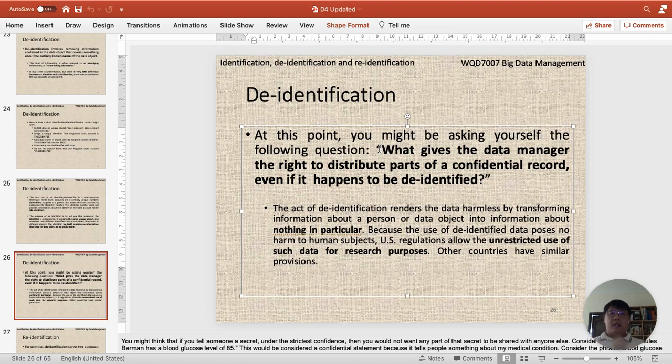How are you able to ensure that the information you are distributing is really de-identified properly? How are you able to make sure that the de-identification renders the data harmless to the data provider, about a person or a data object, which is about nothing in particular?